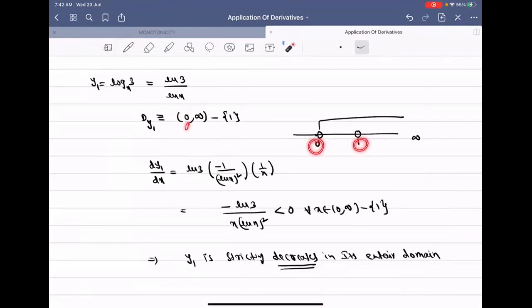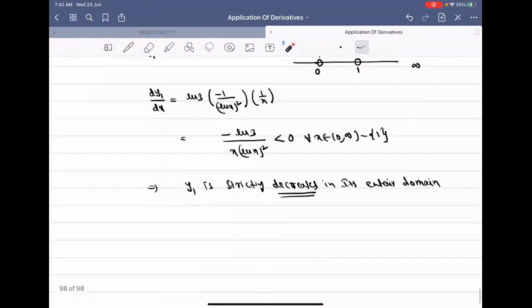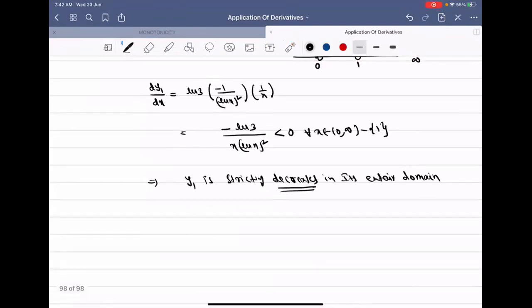At 0 and at infinity we will calculate the limits. First, limit as x tends to 0 plus of ln 3 by ln x is equal to what?